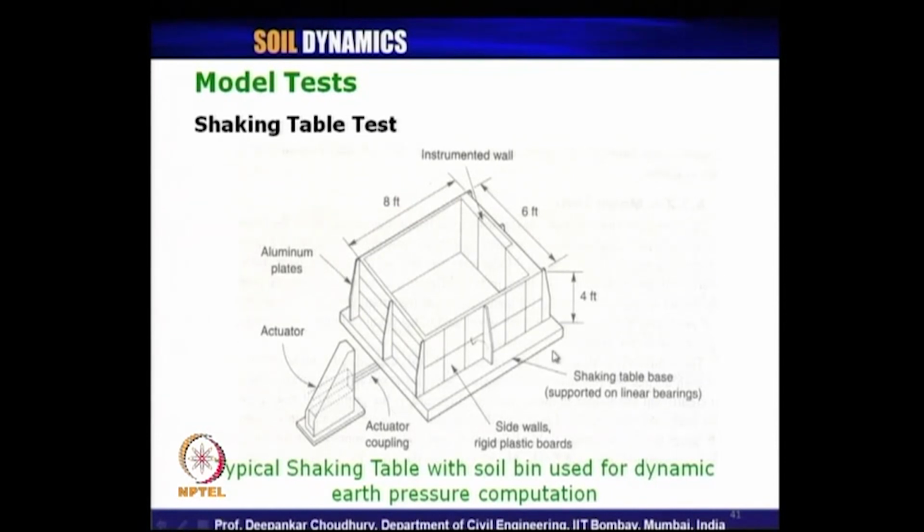Other than that, for several years there have been several shaking table tests available in various research institutes as well as academic institutes. IIT Roorkee also has a shaking table, and IISc Bangalore also has one, but those are limited to only unidirectional shaking, horizontal only, or bidirectional at most. So, other directions are not available.